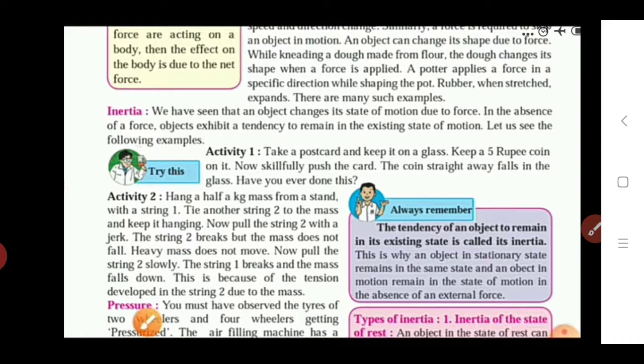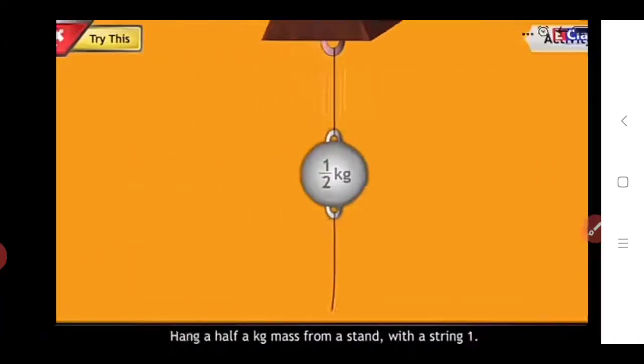So the string 2 breaks, but the heavy mass does not move. Now in the second step, pull the string 2 slowly. The string 1 breaks and the mass falls down. This is because of the tension developed in the string due to the mass. This activity is also seen in these images.